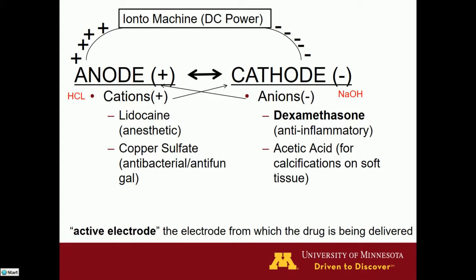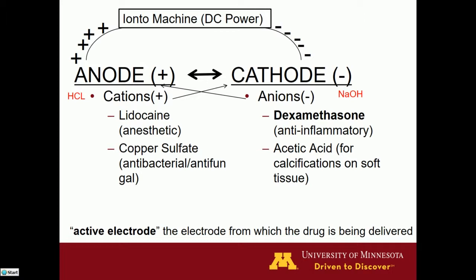So it is important to realize which is your active electrode and which is dispersive. If you're using a positive charged medication or a cation, such as lidocaine or the copper sulfate, your active electrode is the anode, because you're going to want to push that medication away from the positive charge.